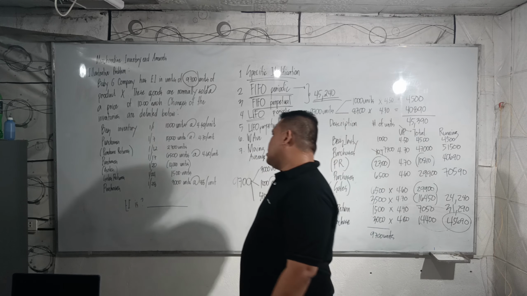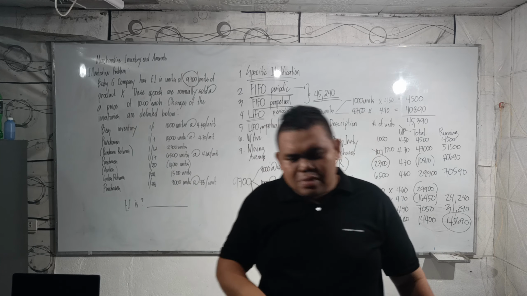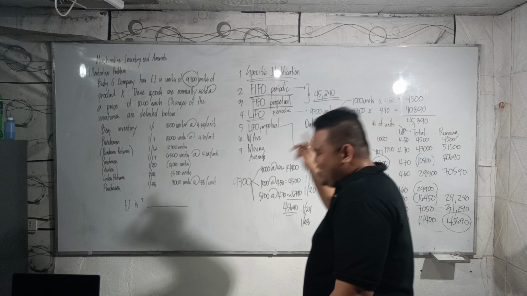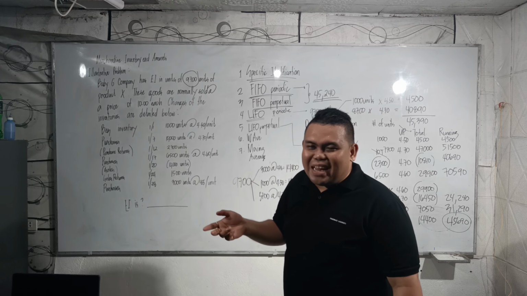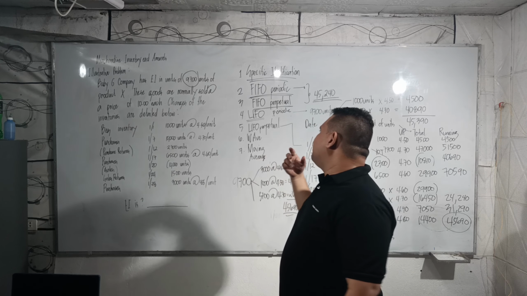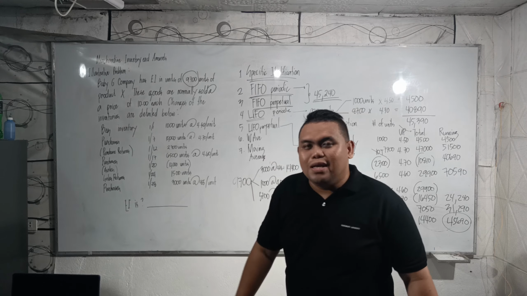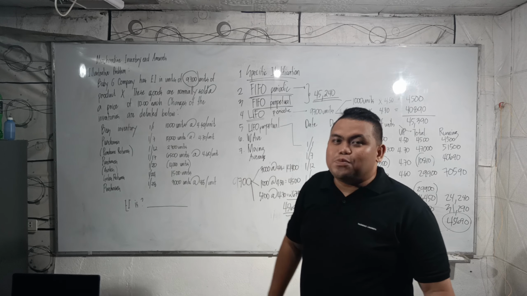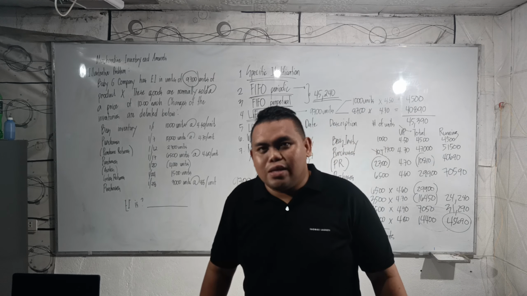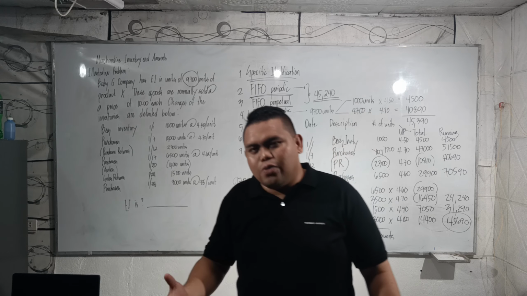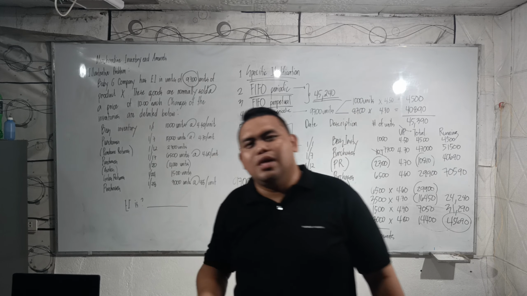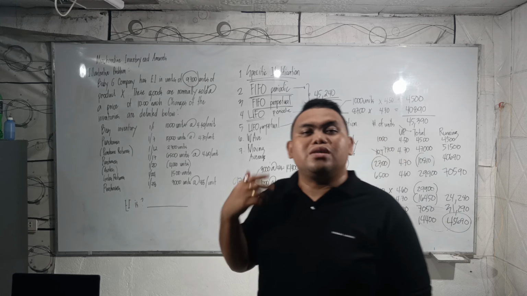Yeah. Okay, erase. Just remember this. Just remember, the LIFO, last in, first out, and both periodic and perpetual are actually not included in the options already in measuring the ending inventory when you are following the international accounting standards and the international financial reporting standards.